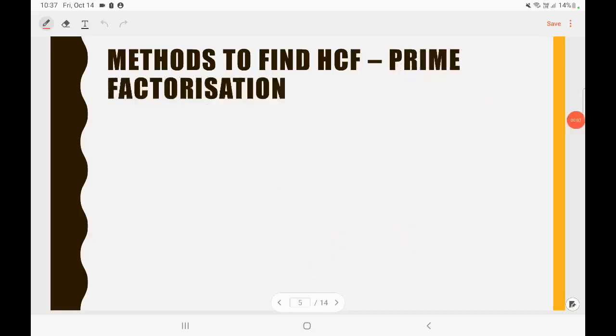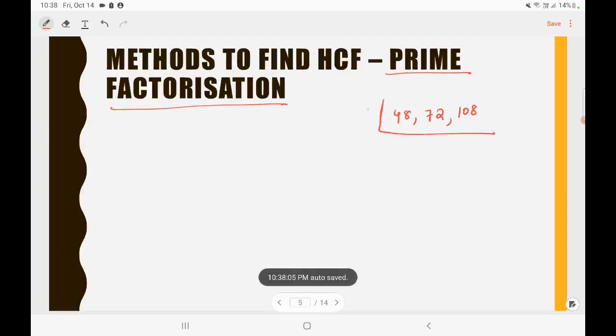Now let us look into our third method, which is the prime factorization method, and which is the most commonly used method. Here you need to do the prime factorization of 48, 72 and 108. In all these three numbers, find whichever prime numbers are common. 2 is a common prime factor, right?